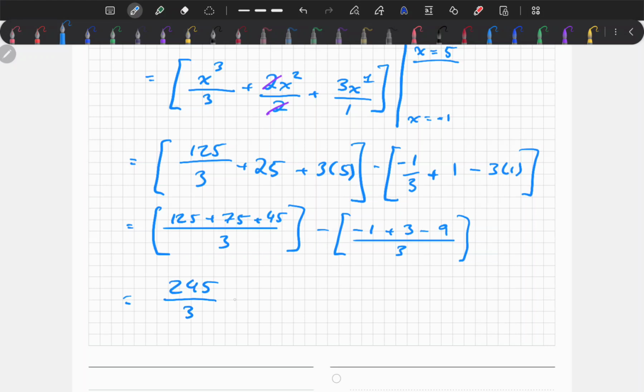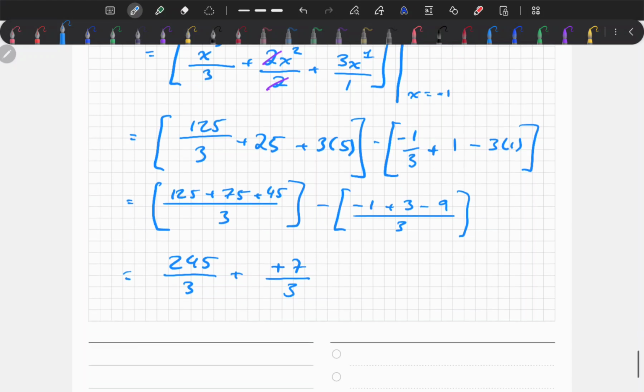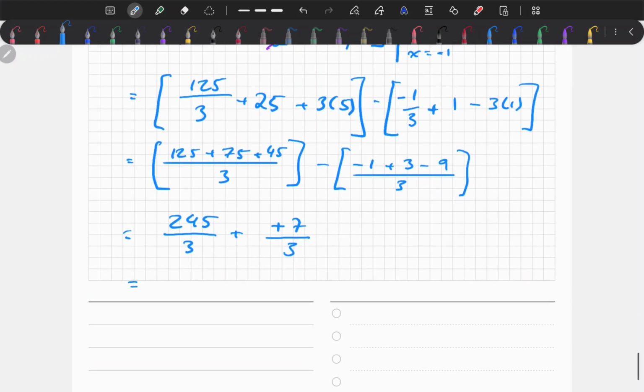I'm going to keep them separate for now so I can do some math. So we have -1 plus 3 minus 9, which gives us -7. So when we subtract a negative, that gives us a positive. So now I can add the numerators, since we have the same denominator in both fractions. So that will give us 252 divided by 3.